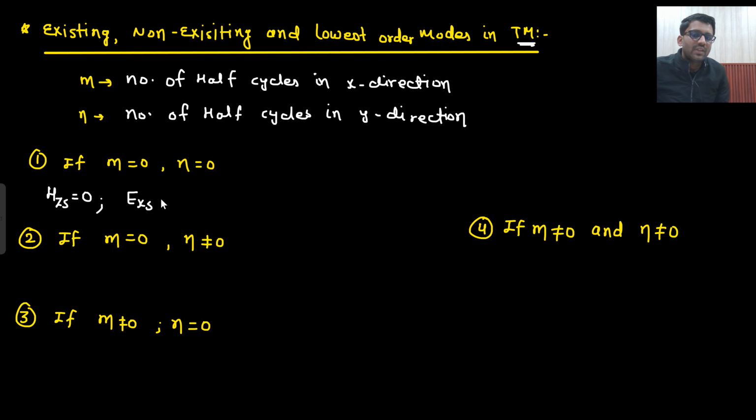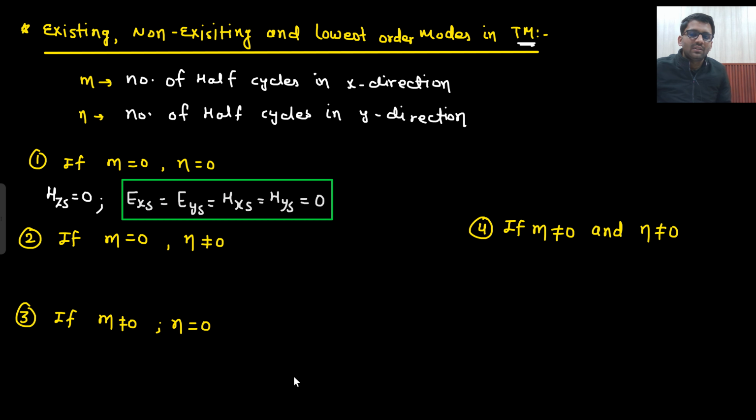If M and N both are 0, that means EXS, EYS, HXS and HYS all are coming 0. So that means it is a non-existing mode. So never ever can your M and N value be 0 in case of transverse magnetic.